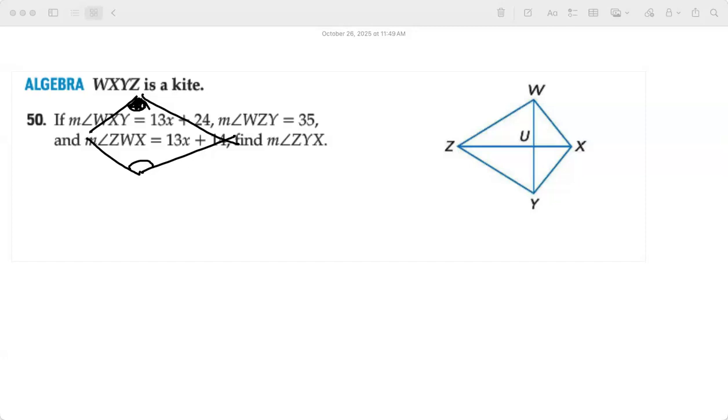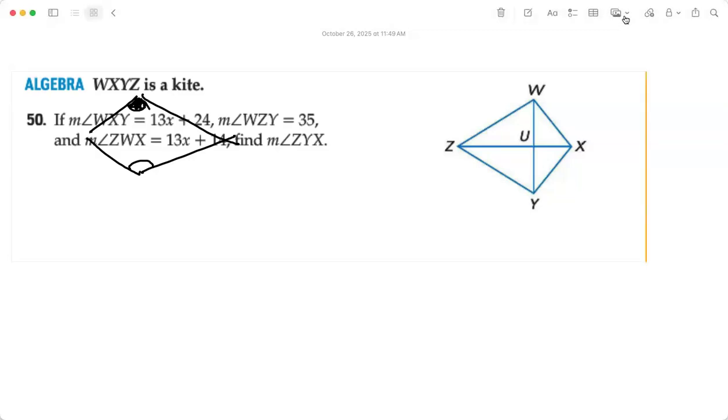I'll wait. I got 214. Something feels wrong to me, Mitransh.